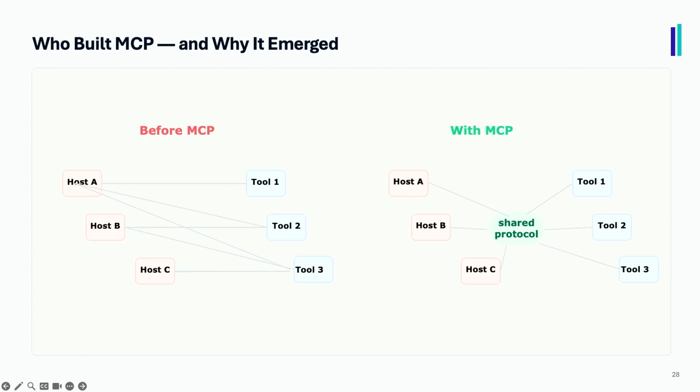Every host talking to every tool through a different custom connector. Well, that's expensive, brittle, very hard to maintain. MCP emerged to replace that fragmentation with a shared open protocol. The value is not just elegance, it's lower integration friction, better portability across hosts and tools.